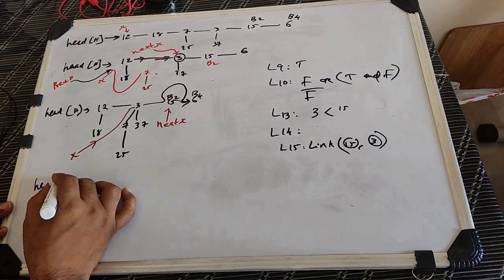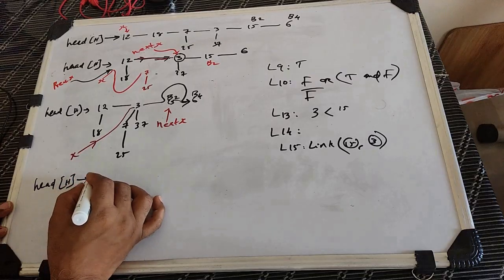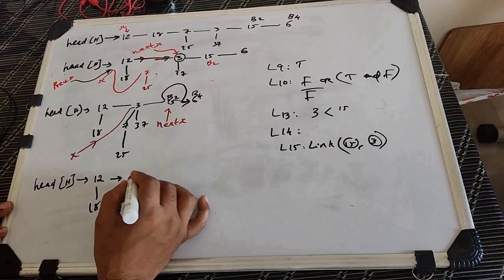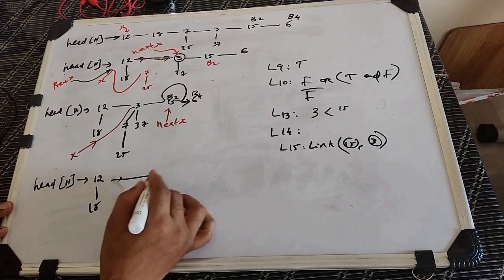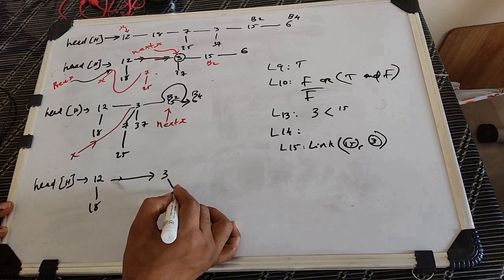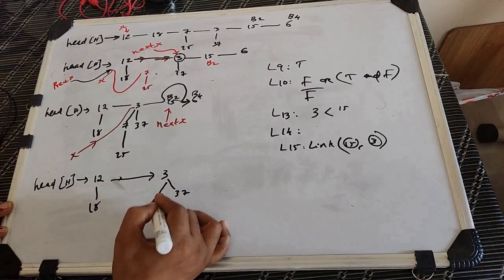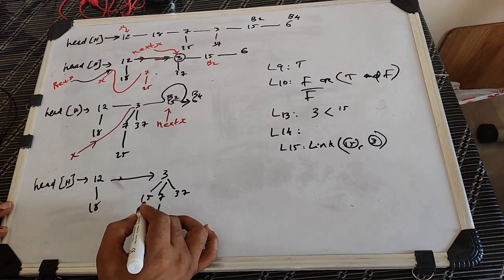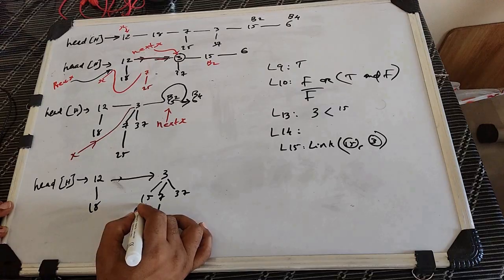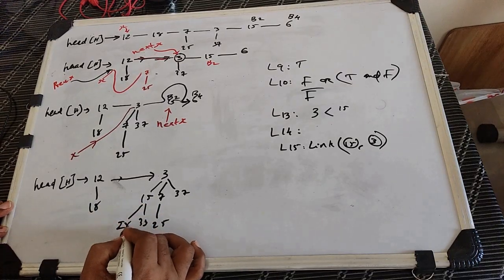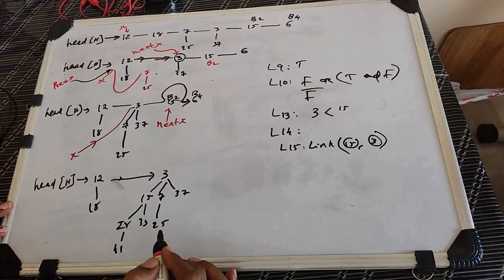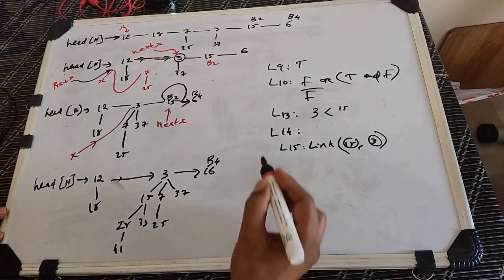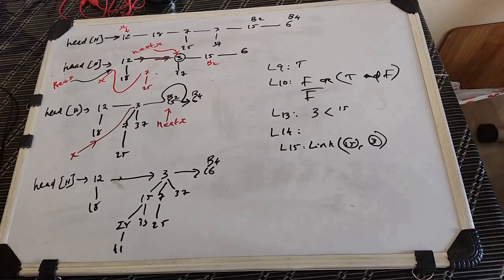We will get a new binomial heap. 3. Okay, already we have 37, then 7, 25, then 15, then 33, 15 has 28 and 14, then 16, a B4.